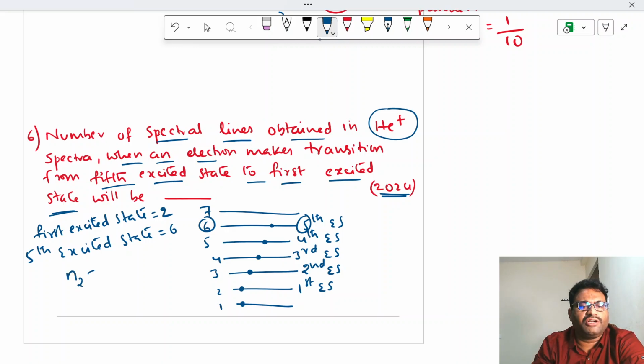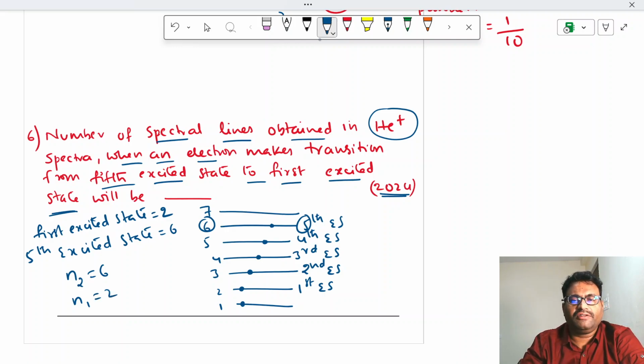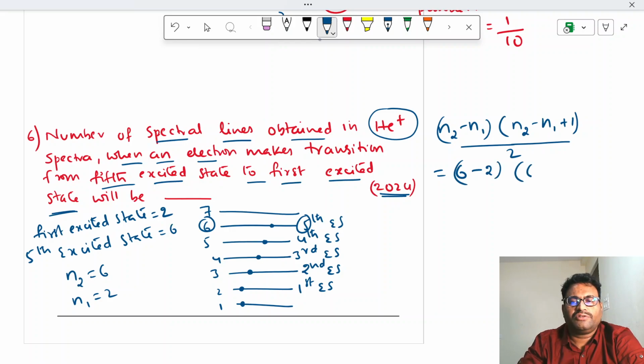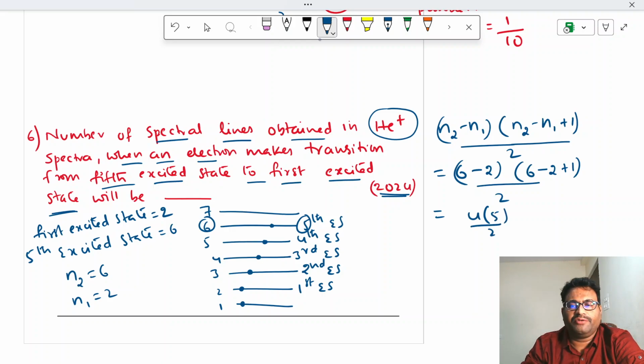So N2 is equal to 6, N1 is equal to 2. Substitute in the formula (N2 minus N1)(N2 minus N1 plus 1)/2. That is (6 minus 2)(6 minus 2 plus 1)/2, which is 4 into 5 by 2, 20 by 2, again 10.